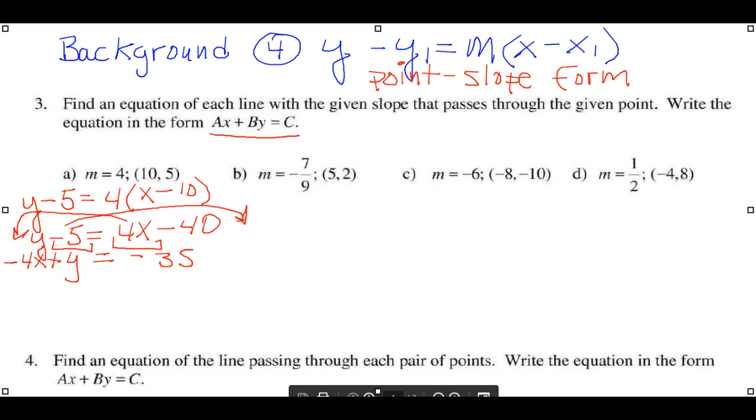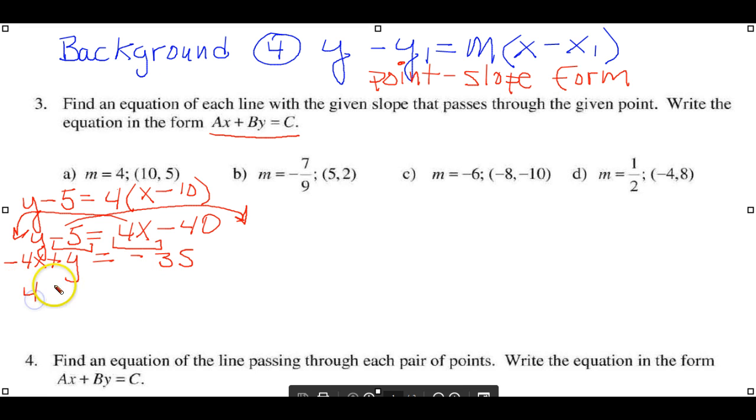Now, often in MATLAB, they give you multiple choice for some of these. And if your equation looks like that, then that's the answer. But sometimes they want your x term here to be positive. So what we do to do that is multiply each term by a -1. We are allowed to do that. That changes all the signs.